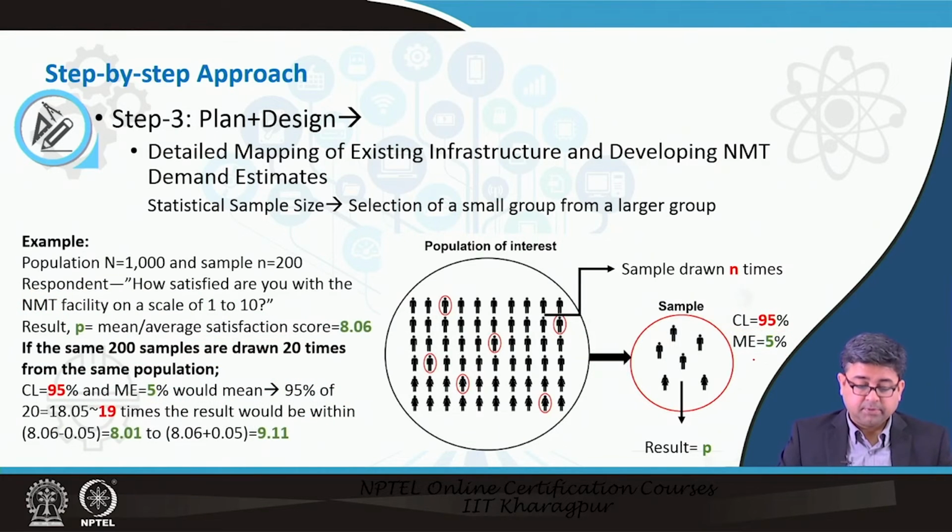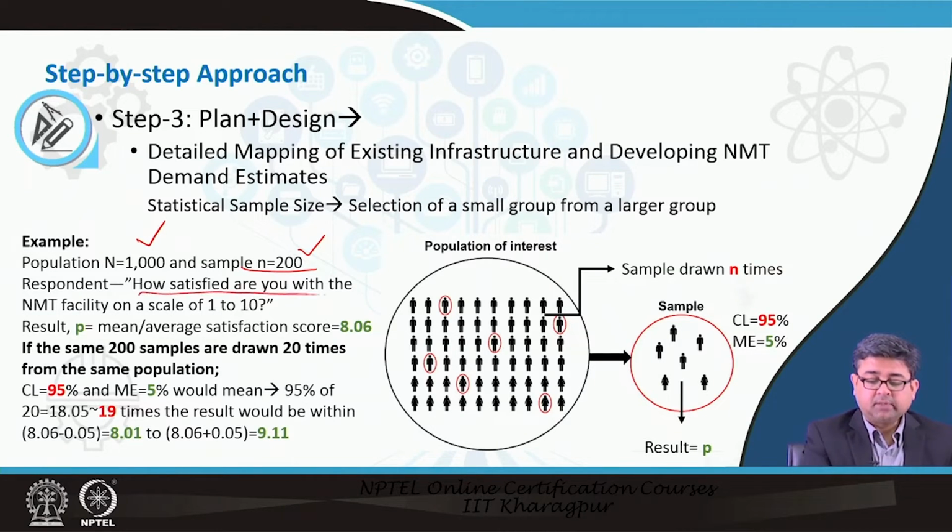So, for example, if the population size is 1000 and you have collected data for 200 samples only, the question asked was how satisfied are you with the NMT facility on a scale of 1 to 10.